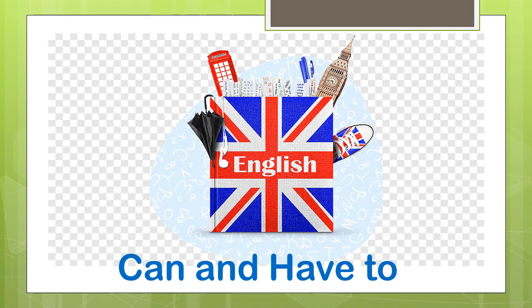I'm going to repeat: the auxiliary can and the auxiliary have to. You already know the translation of can and of have to. Okay, we will continue with this important video.